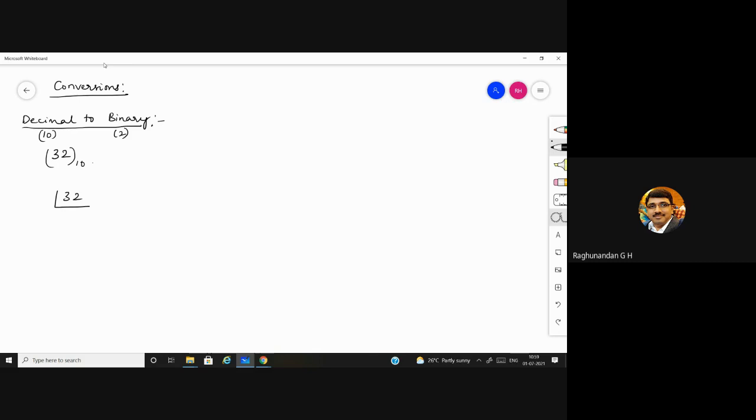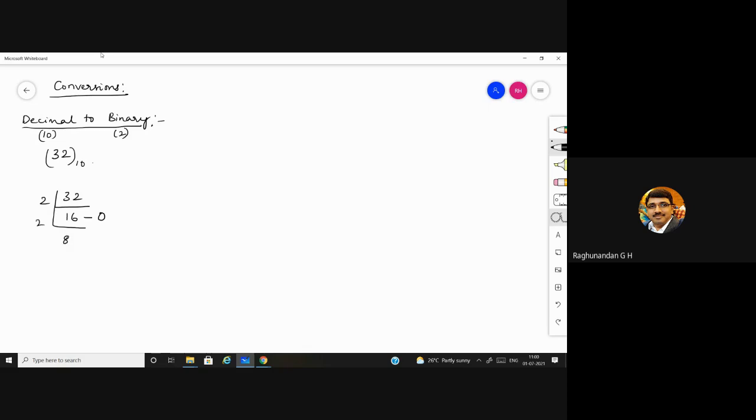The procedure we are going to follow now is just for the whole number, because it doesn't have any decimal points. It's a whole number. So keep dividing by 2 until you get a value lesser than 2, that is 1 and 0. Until that you need to keep on dividing it. So for this, 2 16s are 32, and remainder is 0.